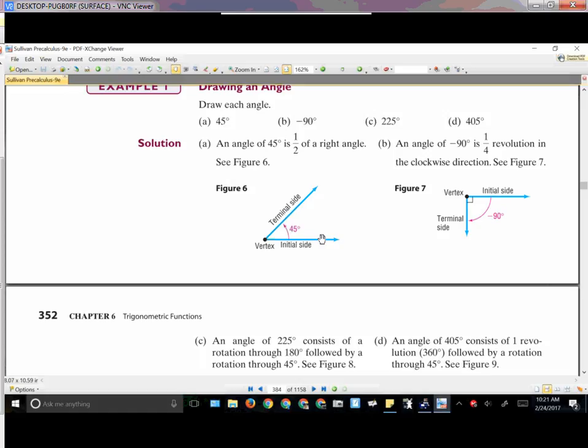Put the initial side upon the x-axis, vertex 0, 0. From that point, if I go 45 degrees, well, that's halfway up to 90. Negative 90. This is going to give us direction. Positive is going counterclockwise. Negative is going clockwise.